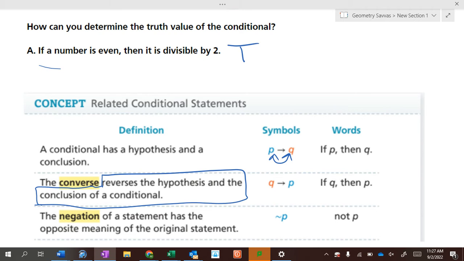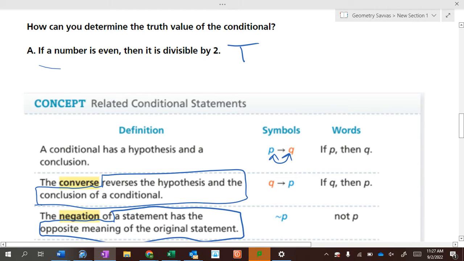A negation is a statement that has the opposite meaning, so it's a not something. So a negation is a statement that has the opposite meaning of the original statement.